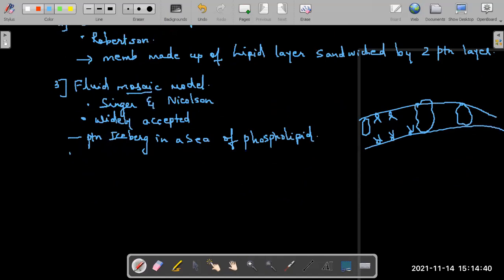So they speak about two lipid layers plus proteins arranged in a mosaic pattern.